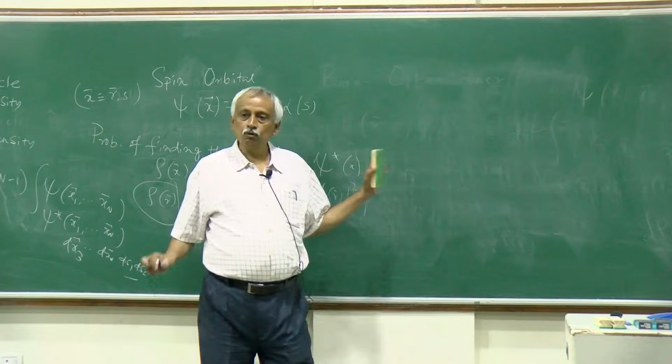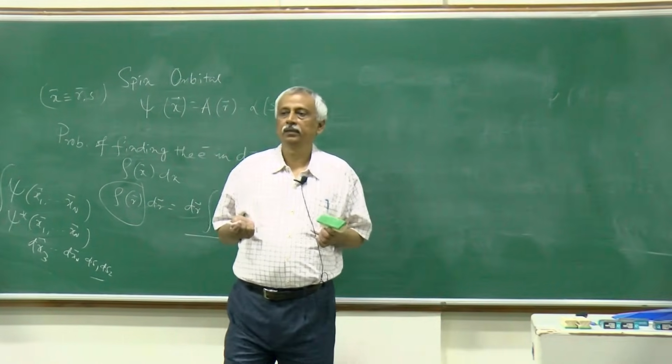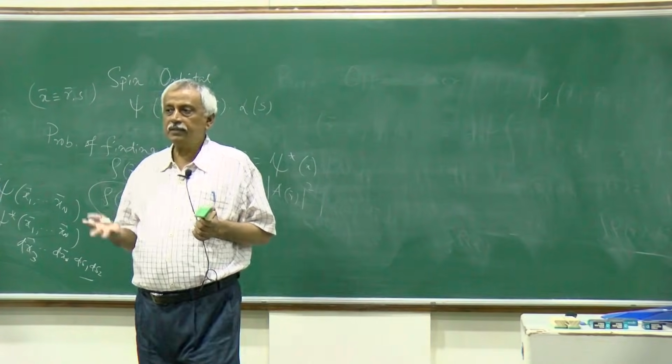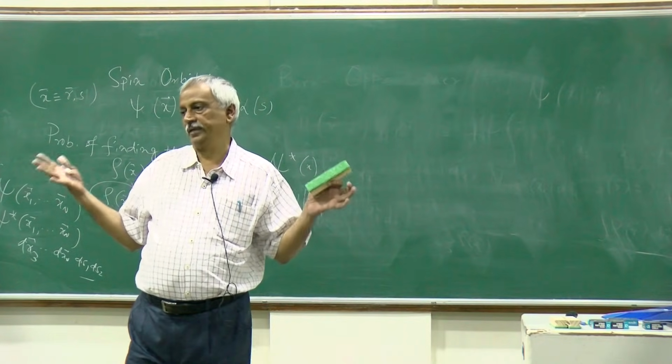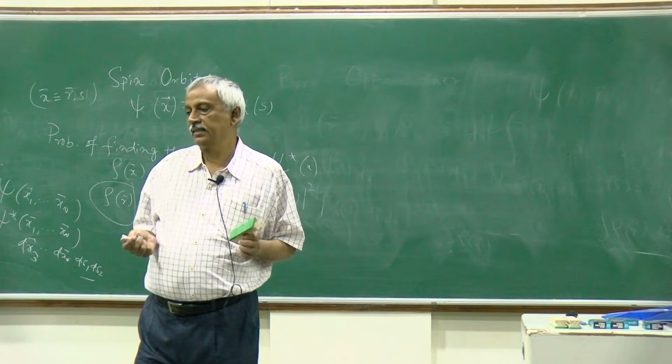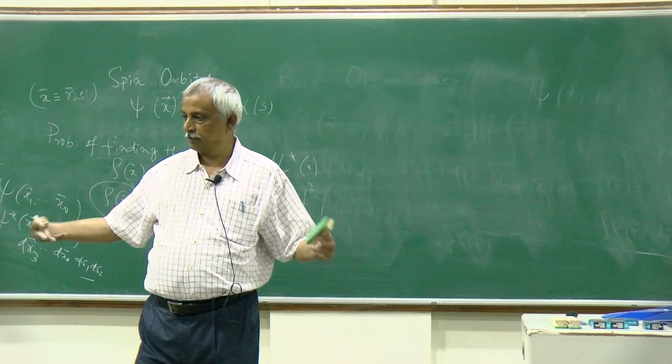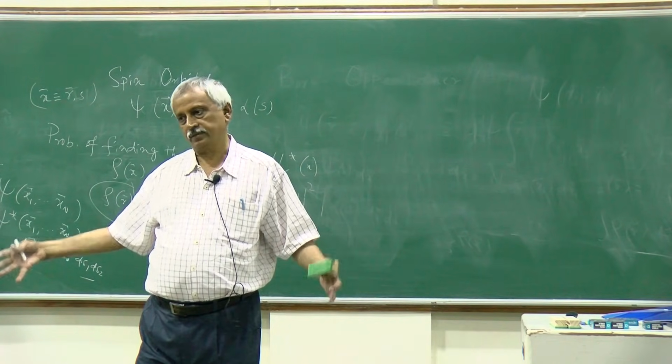So once I know the wave function, how do I calculate any physical property? It is just the expectation value of the corresponding operator over that wave function, isn't it?